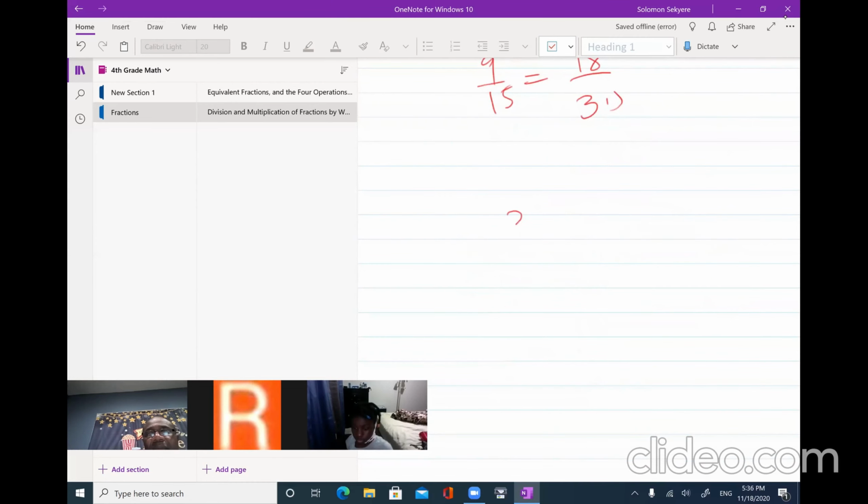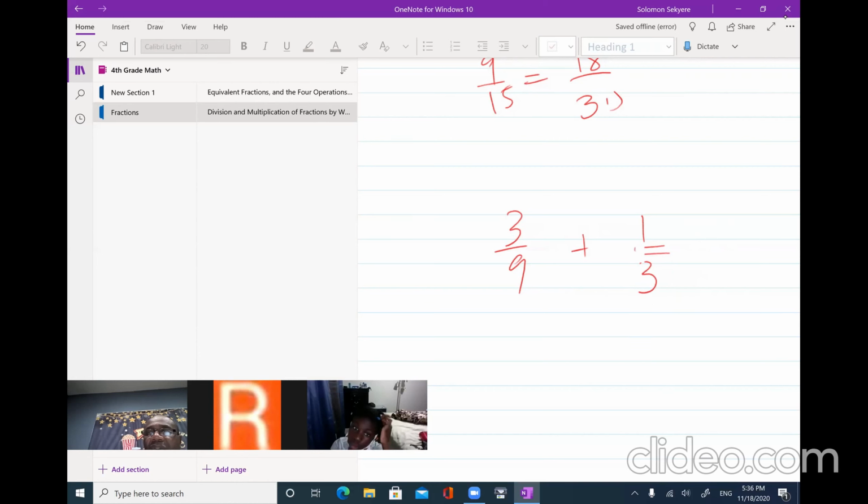Okay, the last thing. Can you add 3/9 plus 1/3? What are you going to do, Janelle? Can you add this? No. You have to make sure the denominators are the same first. If they're not the same, you cannot add them.